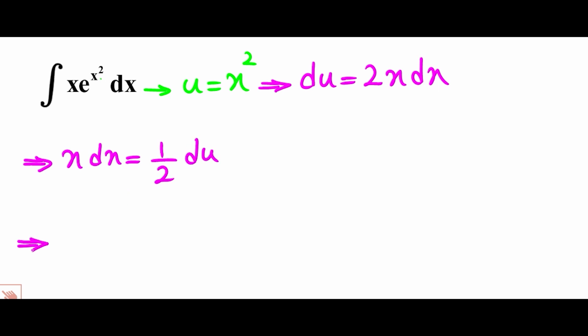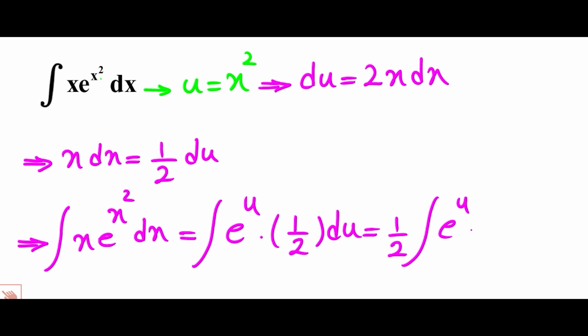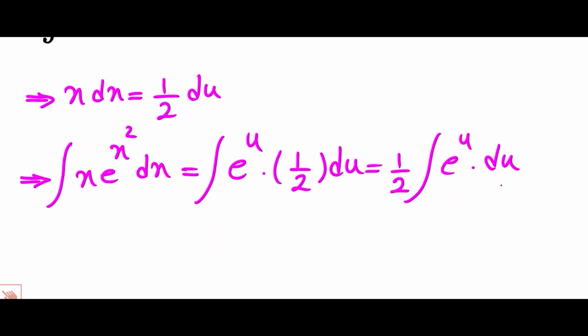So the integral of x e to the x squared dx: e to the x squared becomes e to the u, and x dx equals 1/2 du. Now we can take the 1/2 out of the integral. So we have 1/2 the integral of e to the u times du.